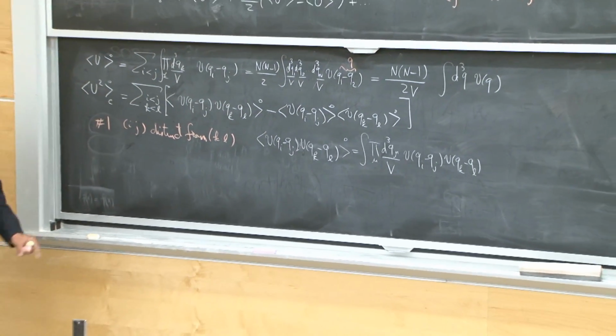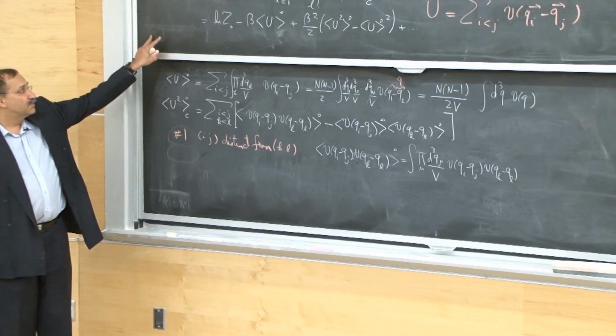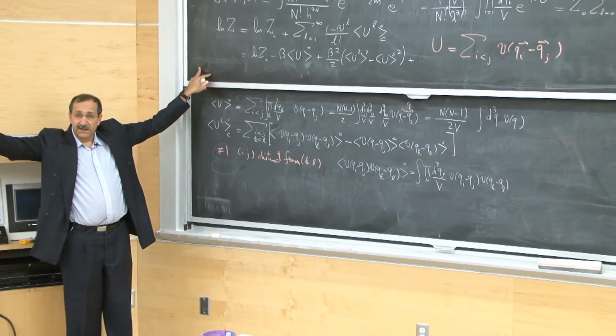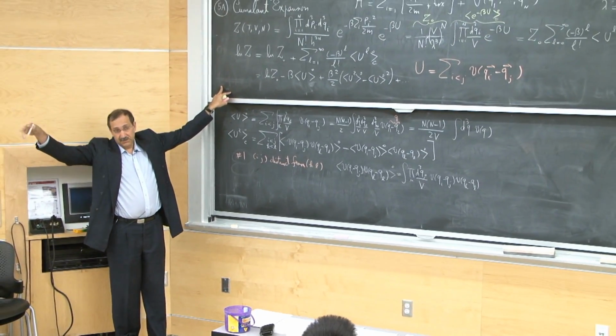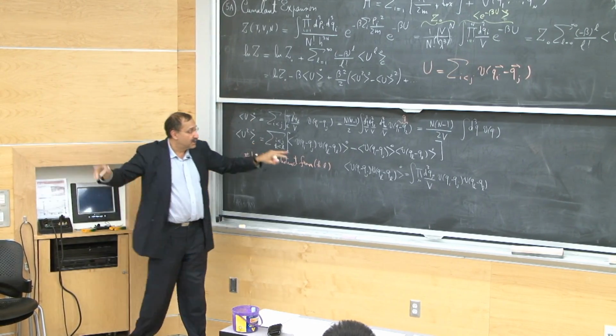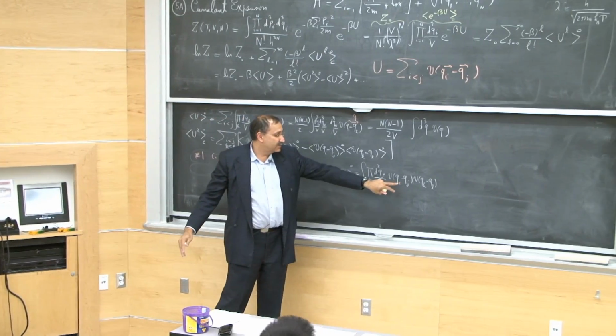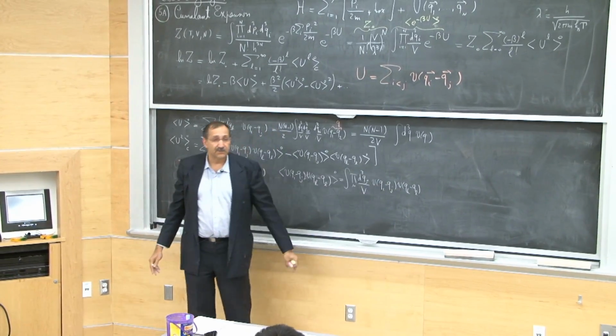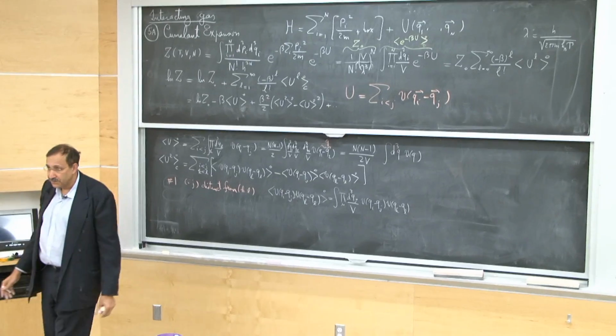Now my statement is that I have, let's say here, q1 and q2, and somewhere else q7 and q8, or q7 and q974. Doesn't matter. The point is that this integral that involves this pair of variables has nothing to do with the integral that involves the other pair of variables.